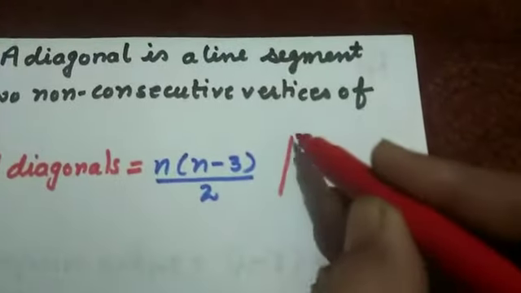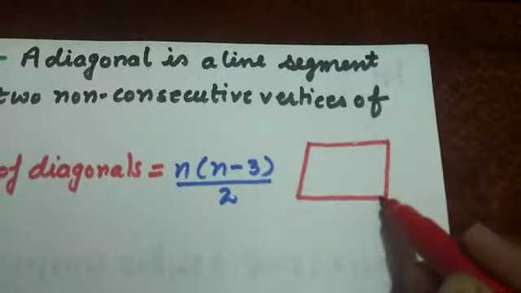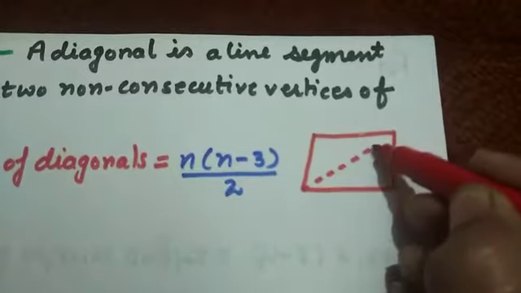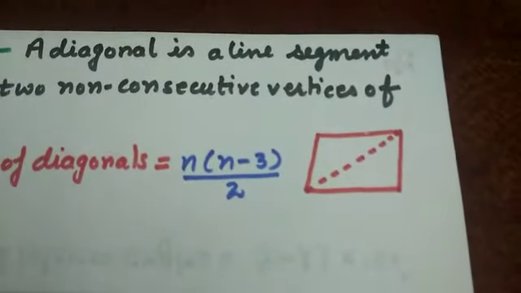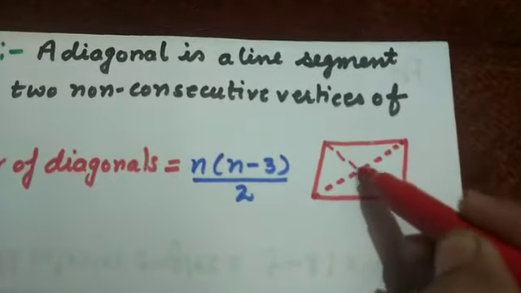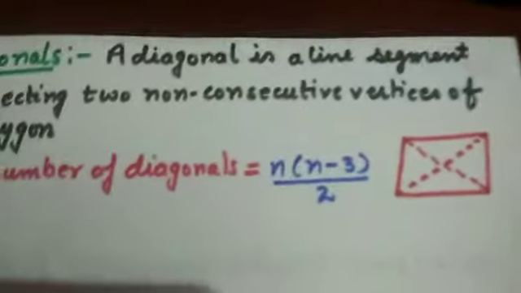Now, first of all, we'll see what a diagonal is. We'll join any two vertices of a polygon, non-consecutive. These are the diagonals.